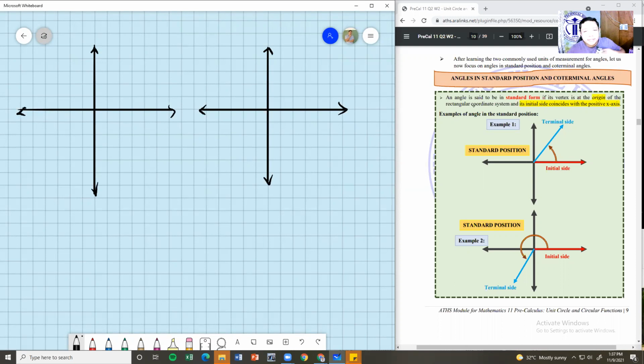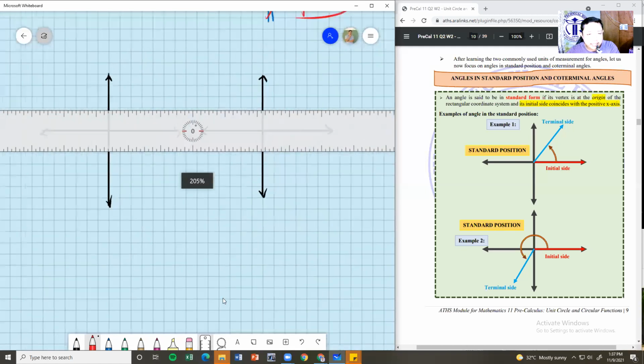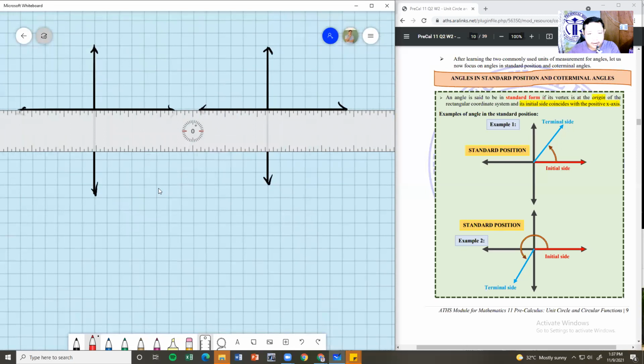Okay, so let's now move on with the angles in standard position and co-terminal angles. Ready? When we say angles in standard position, that is when we have the initial side at the positive x-axis. There, it becomes standard.